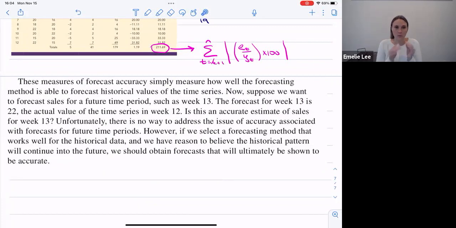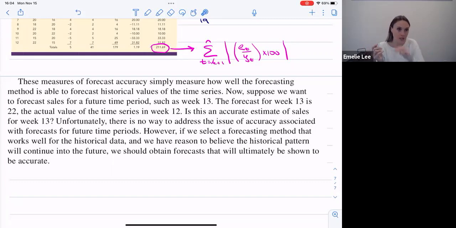So what we've been saying is, to build a forecasting method, we're going to look at historical data and build a forecasting method based off of that data. Just like before, you don't want to overfit your model. You don't want to make it so good at predicting historical data, so past data, unless you think it's going to perform equally well in the future.